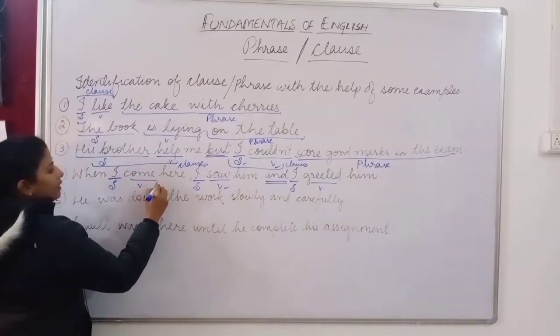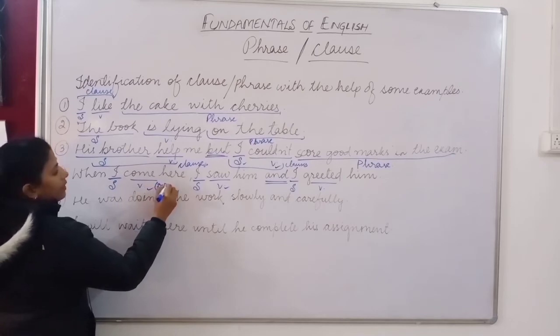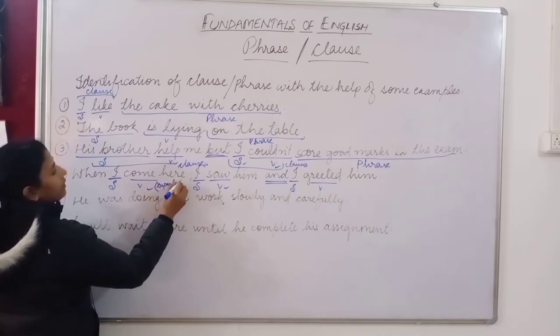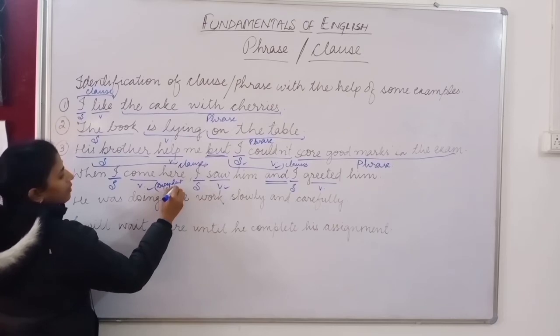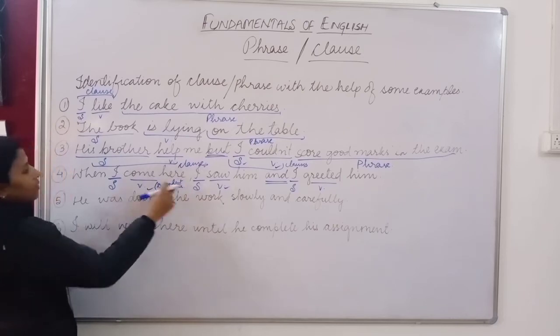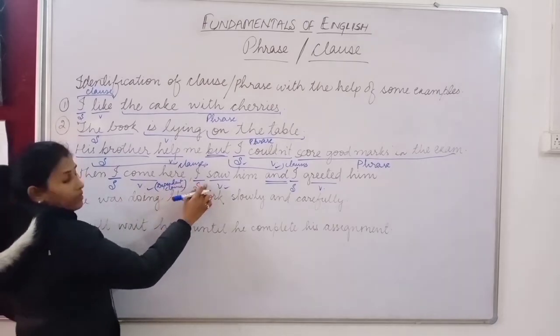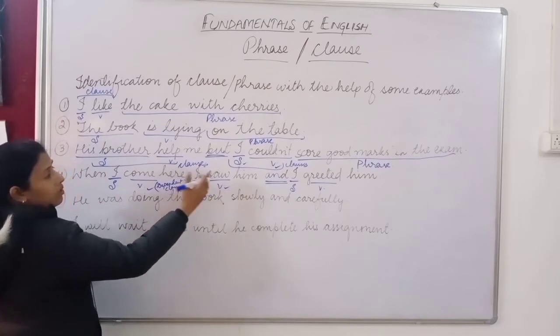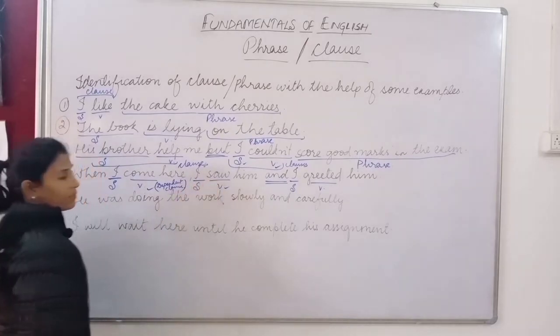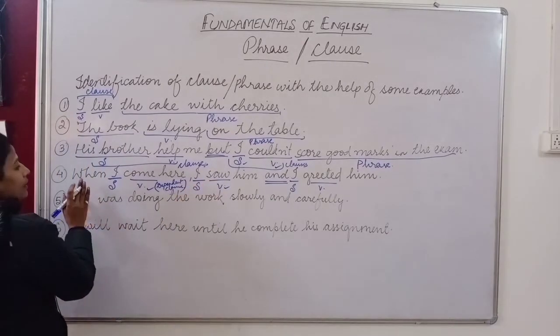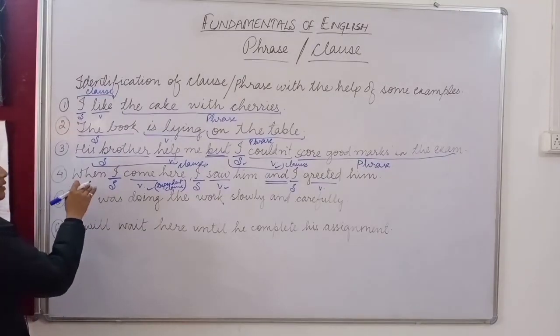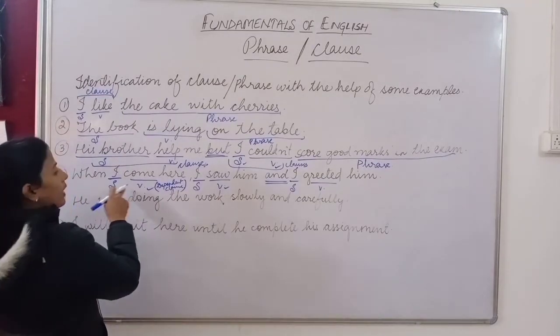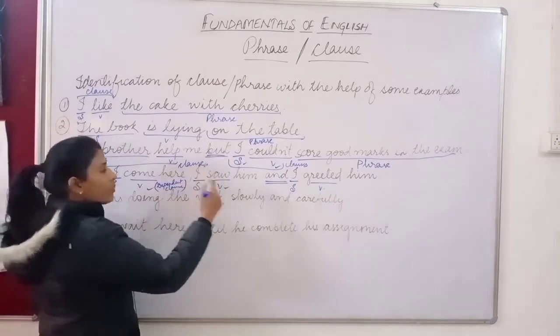It comes under dependent clause because without the next part of the sentence, it can't convey any sense. When I came here, I saw him.